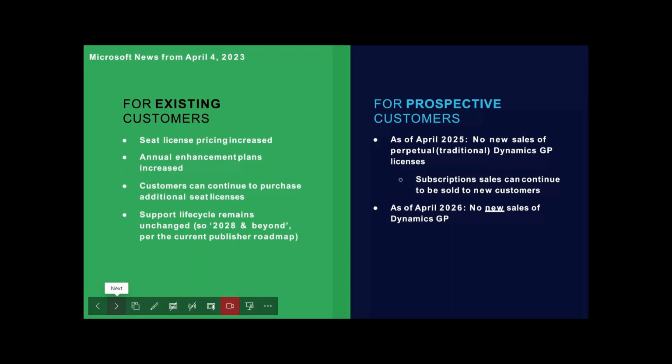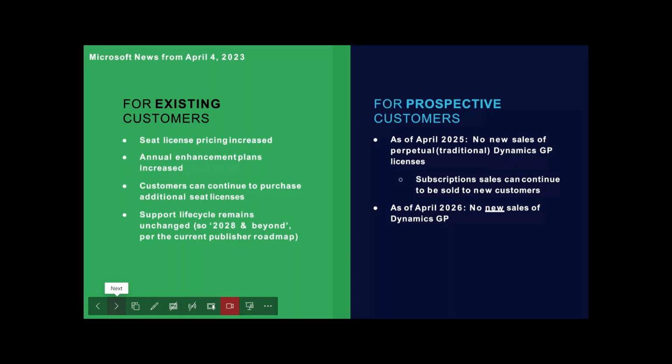On the prospective customer side, April 1st, 2025, perpetual or traditional Dynamics GP licenses will stop being sold. You will only be able to get Dynamics GP via subscription. And 1 year later, April 1, 2026, prospective customers can no longer purchase Dynamics GP. All right, so very important distinctions for existing and prospective customers of Dynamics GP to consider on the calendar.